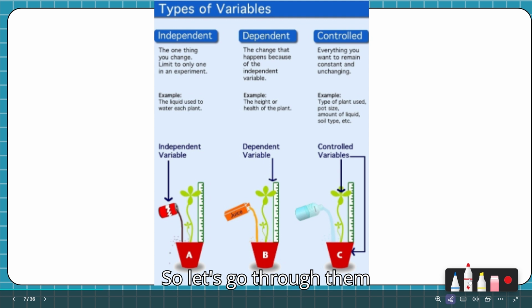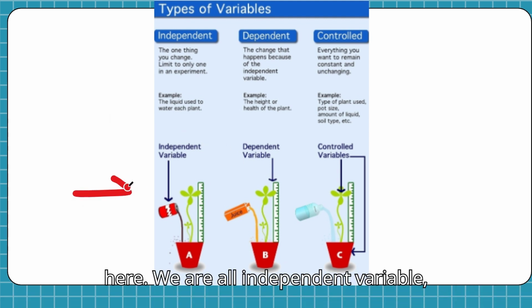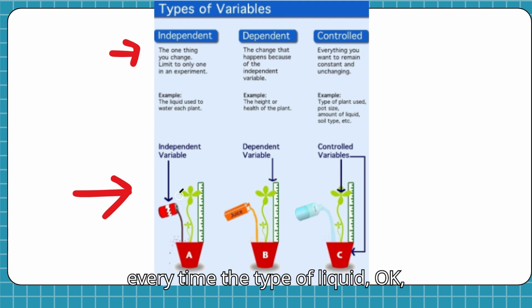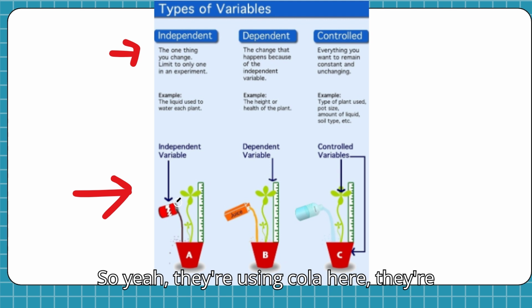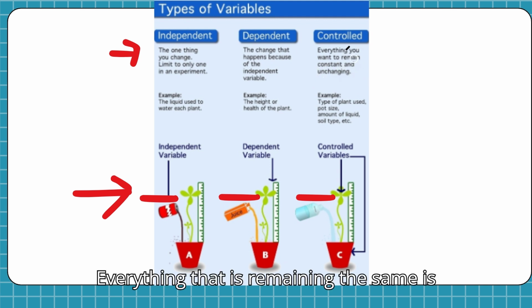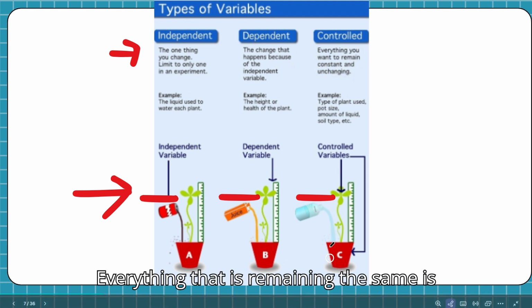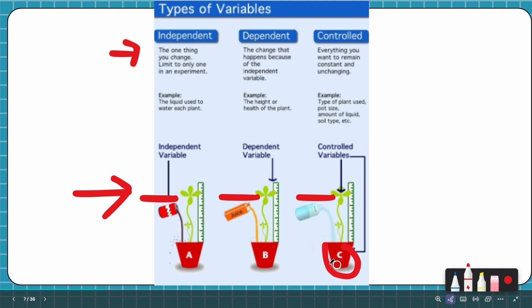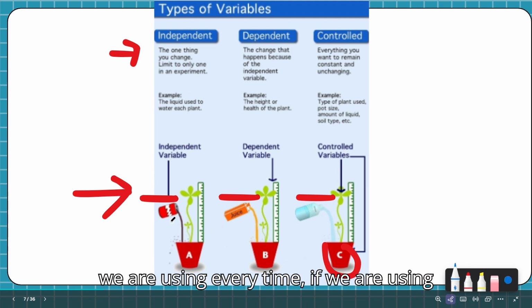Okay, so let's go through them. Here we have our independent variable, the thing we are going to change every time, the type of liquid. Okay, so here they're using cola, here they're using juice, here they're using water. Everything that is remaining the same is like the type of pot or the type of plant, the size of the pot, the amount of juice that we are using every time.